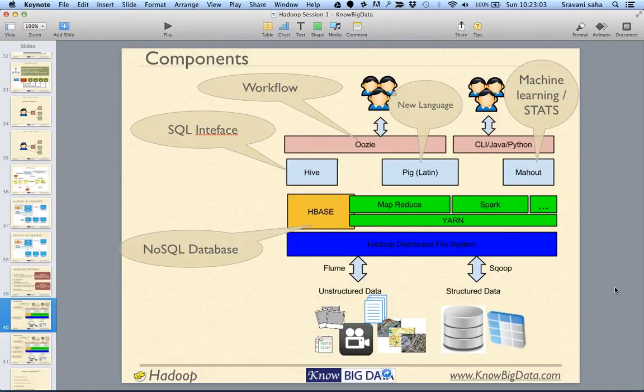Okay, and you interact with HDFS or any of these components either using the command line, using Java or Python or your own programming language, or you interact with this using a tool called Hue, which is a web-based interface.